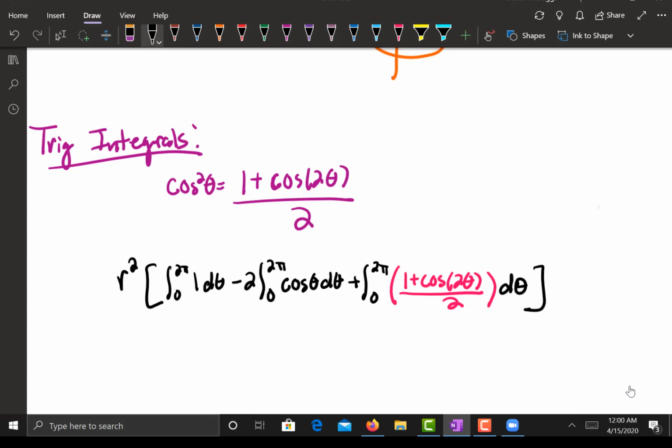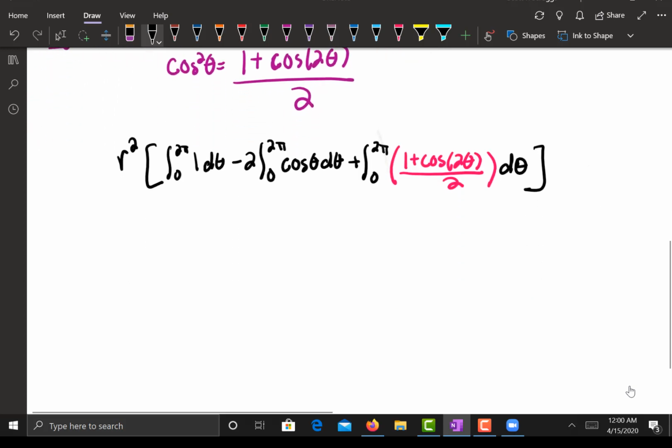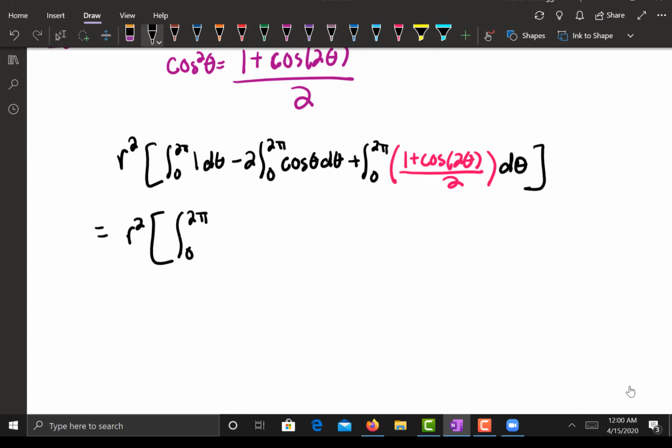Alright, and let's now go ahead and try to simplify that. So now we have r squared equal to the integral from 0 to 2 pi of 1 d theta minus 2 times the integral from 0 to 2 pi of cosine of theta d theta plus the integral from 0 to 2 pi.